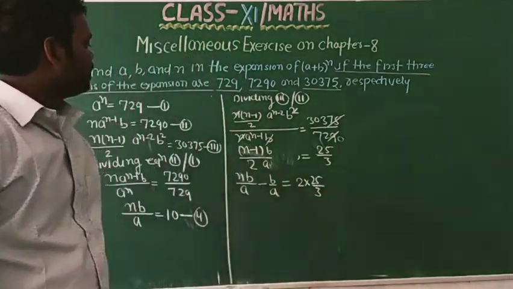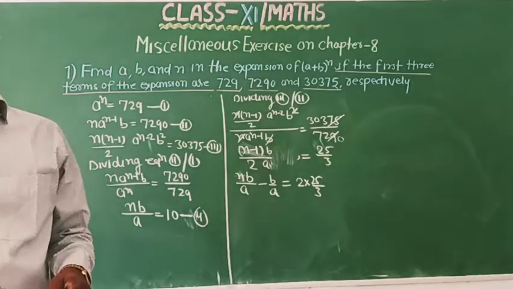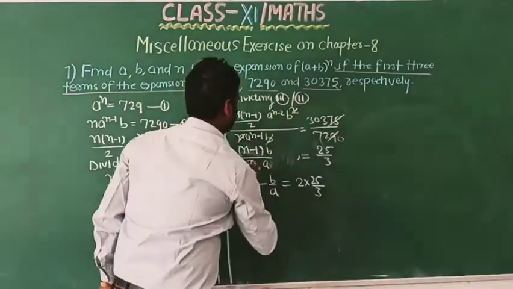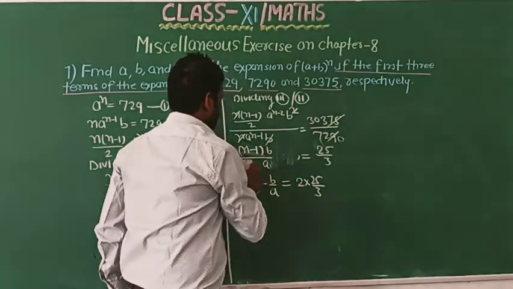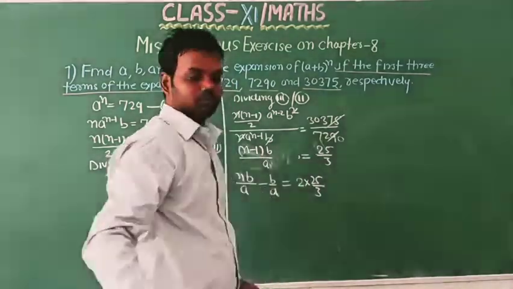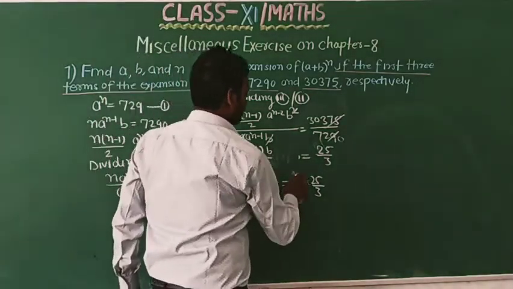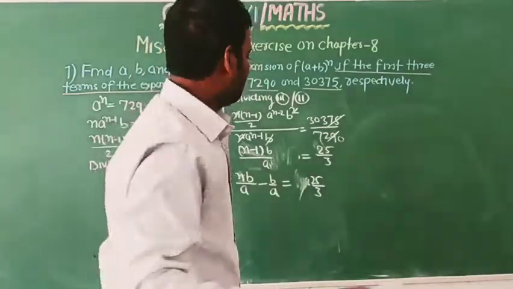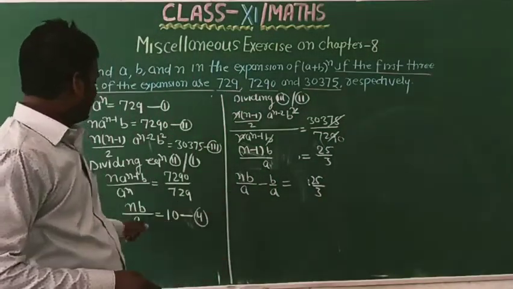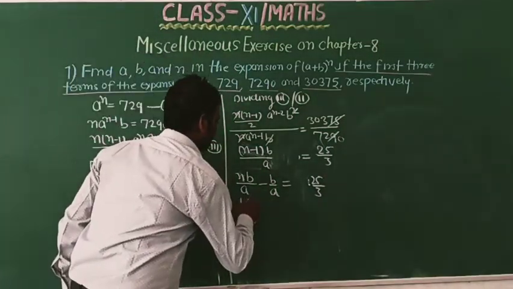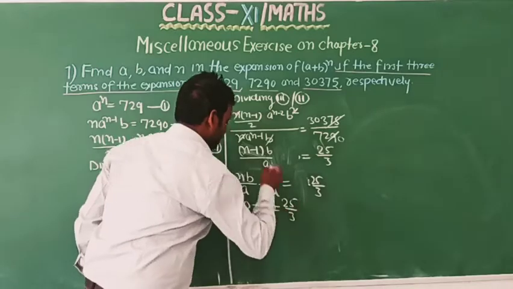Not 2, after simplification: nb upon a minus b upon a equal to 25 by 3. Now substituting the value of nb by a, which is equal to 10, this is 10 minus b upon a equal to 25 by 3.